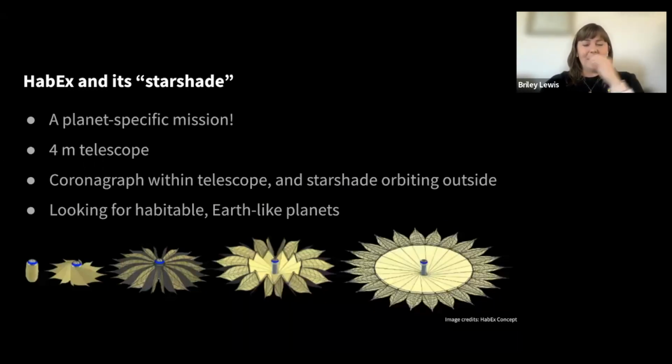And something that's really cool is that HabEx's only purpose would have been planet finding. It would have been a fairly small telescope, but the technology that would have been the really big development was the coronagraph itself. There'd be a coronagraph within the telescope and this star shade that unfolds like this cool piece of origami orbiting outside. And its goal, HabEx, was to find habitable Earth-like exoplanets.